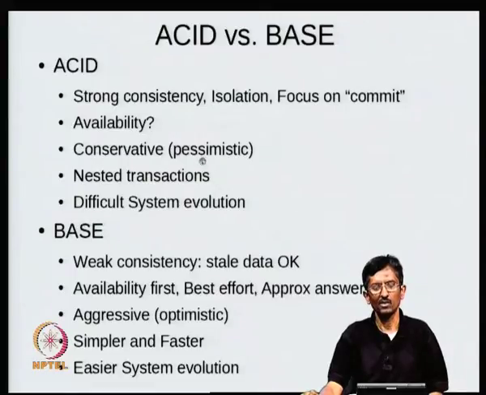Otherwise, you can also have nested transactions. Basically, the top level transaction depends on what has happened to, let us say, sub transactions, and so there are issues of correctness based on the correctness of the sub transactions. And typically, any system based on the ACID model has a slightly difficult system evolution, precisely because you have to specify what a consistency model is.